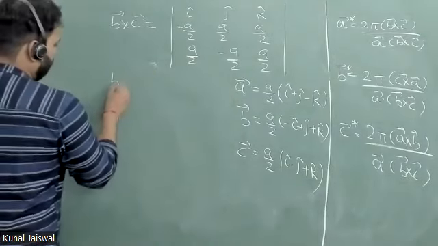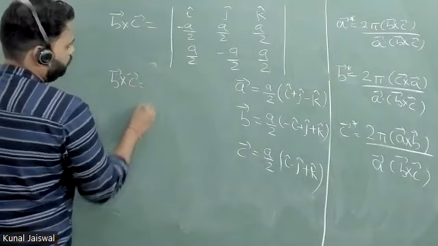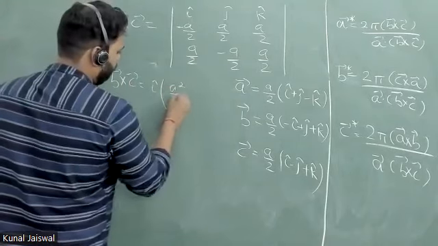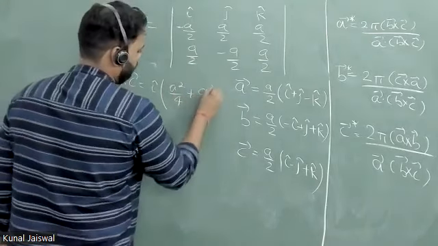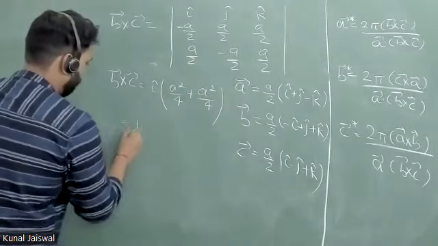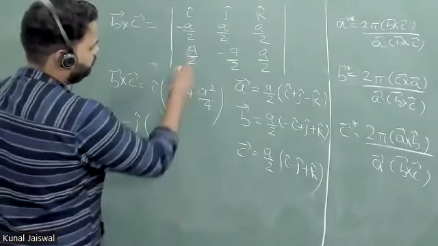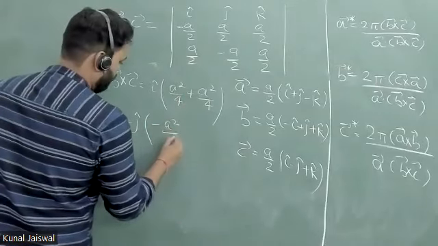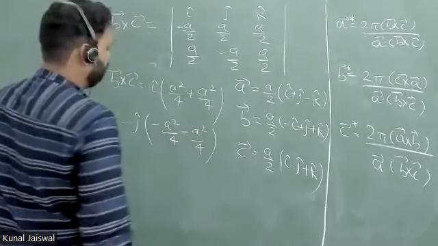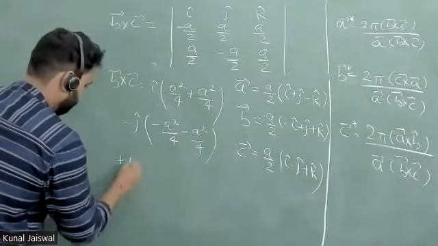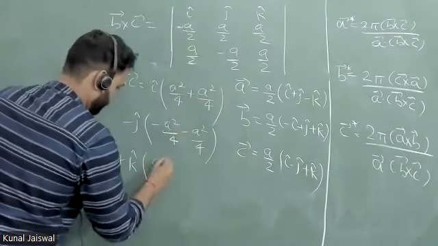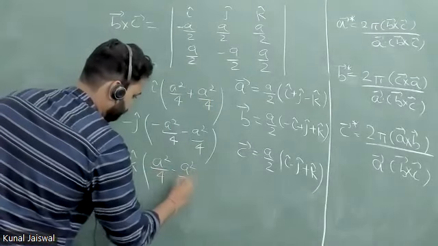Now, so the B cross C, this will be what? i cap (a square by 4 plus a square by 4), minus j cap (minus a square by 4 minus a square by 4), and the k cap, it will be a square by 4 minus a square by 4.